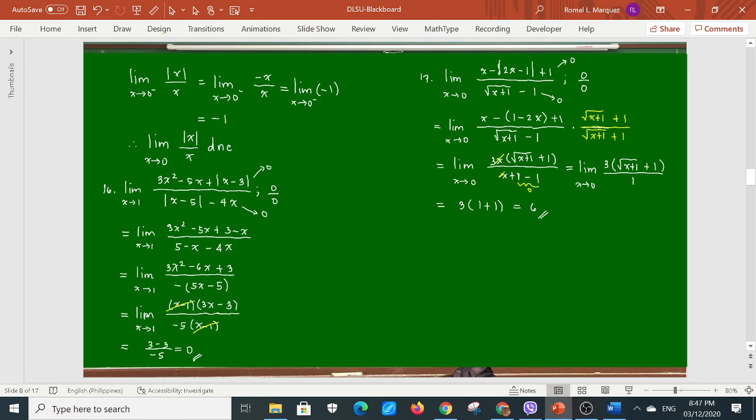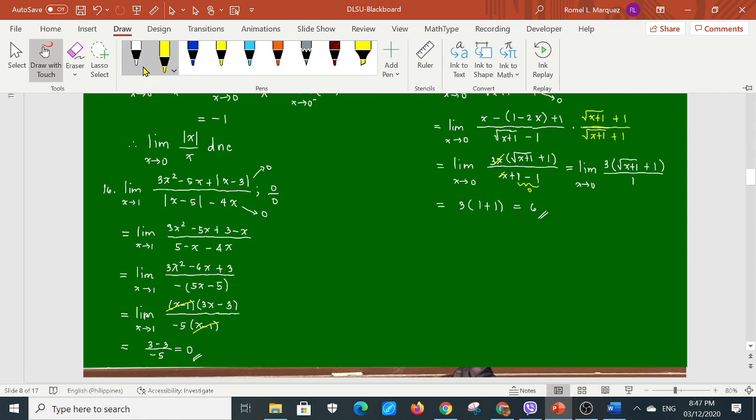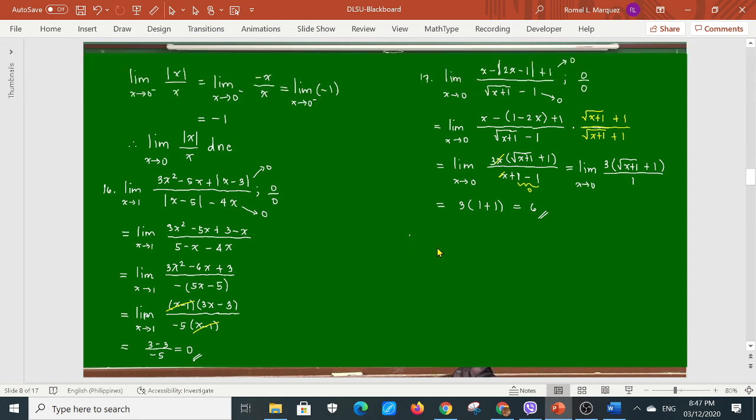O, guys. O, last one. Number 18. Number 18. This one. So we have the limit, this time involving the greatest integer.